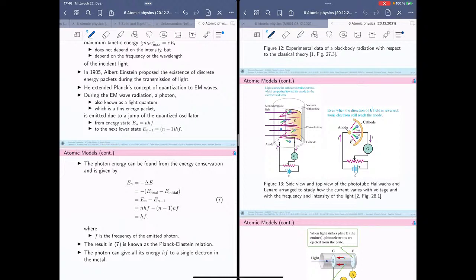Test 1, 2, 3. The sound from iPad. Right. This is the iPad. Is the iPad sound in?